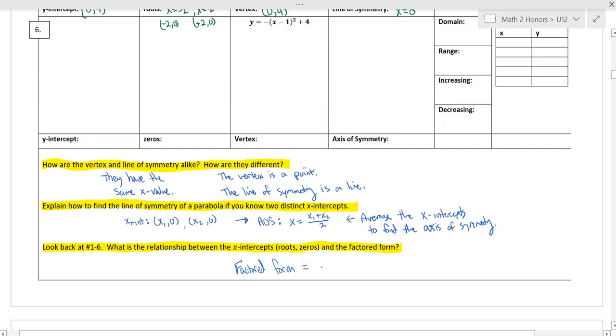Factored form is a times x minus your root times x minus another root. Let me explain.